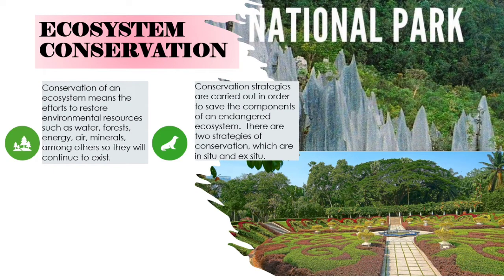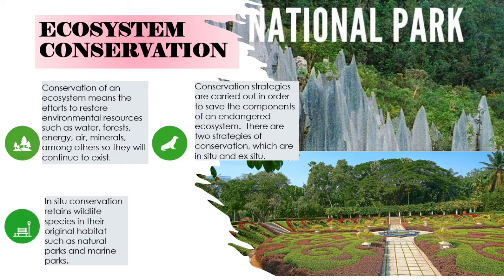So the conservation strategies are carried out in order to save the component of an endangered ecosystem. So there are two strategies of conservation which are in situ and ex situ. In situ conservation retains wildlife species in their original habitat such as natural park and marine park.